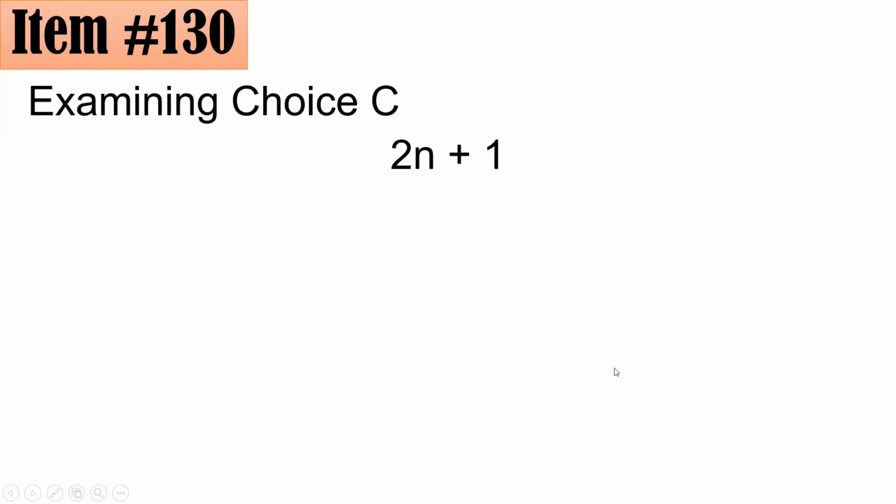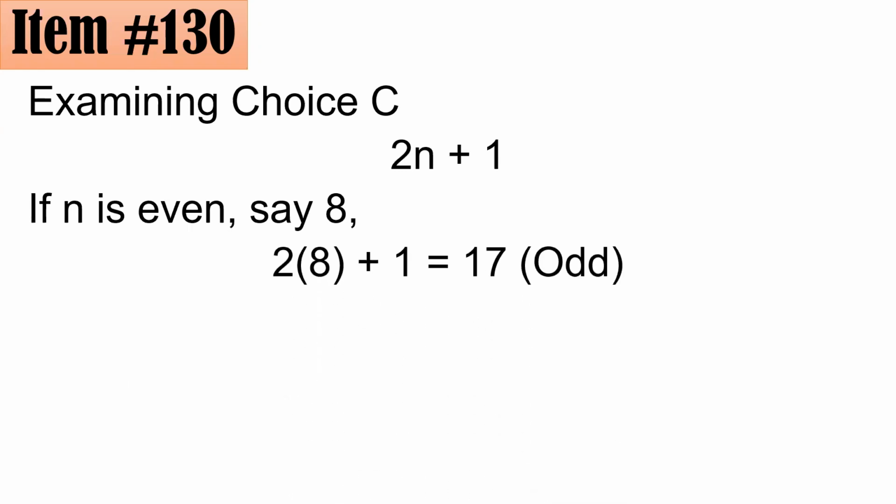And if you check letter C option, if n is even, halimbawa 8, ito ay magiging 2 times 8 plus 1, which is 17. It's an odd number. Kahit ang n po natin ay odd number, halimbawa po, 9 yung ating n.